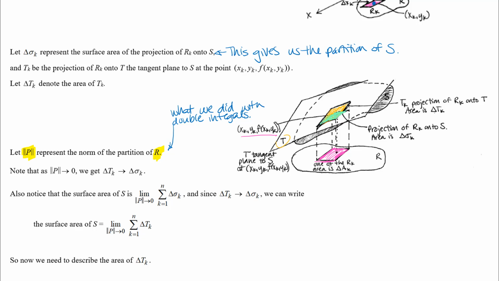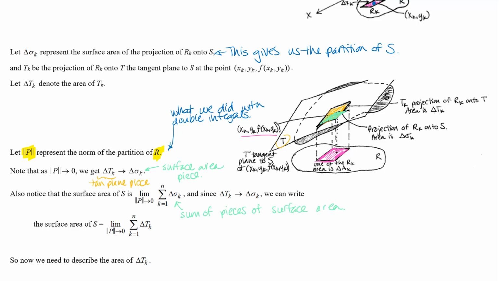Okay, so the area of the little piece of the tangent plane will approach the little piece of the surface area. Okay, and the surface area of our surface S is just the sum of all the pieces of the surface areas. Add it up, take the limit as the norm of the partition approaches 0.